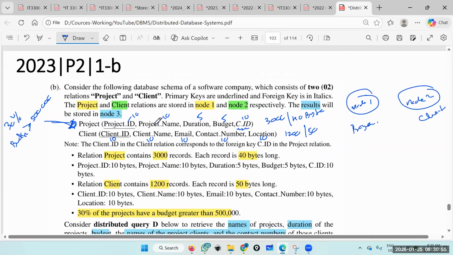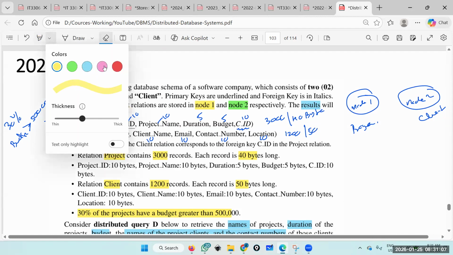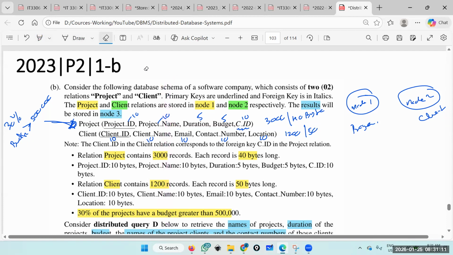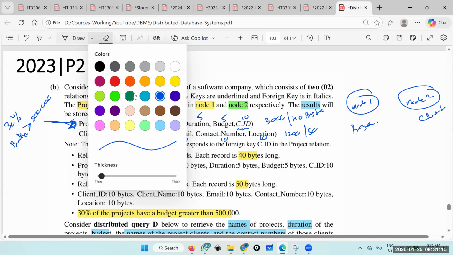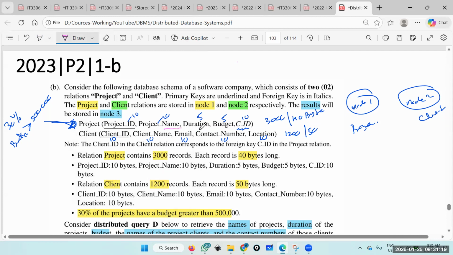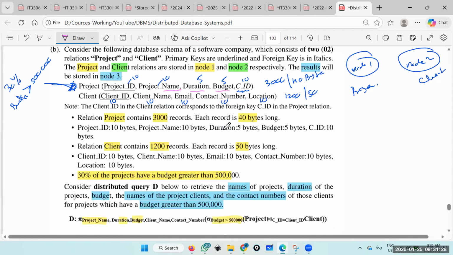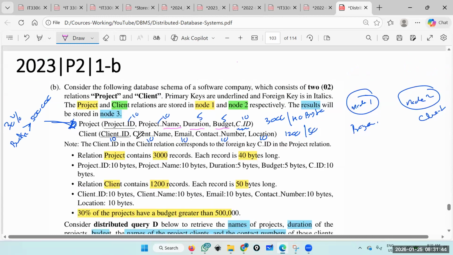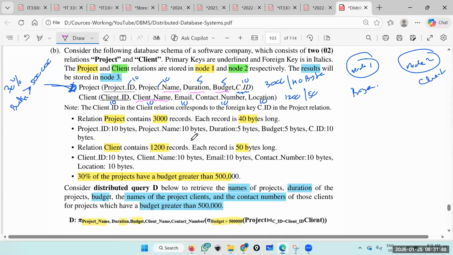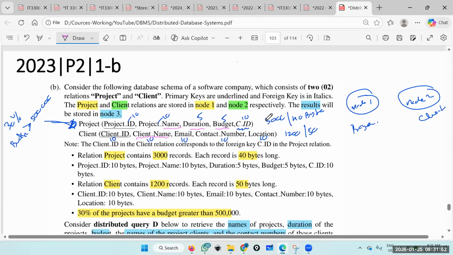So you need the name of the project, duration of the project, budget of the project, the name of the project clients, and the contact numbers. So you need contact numbers.